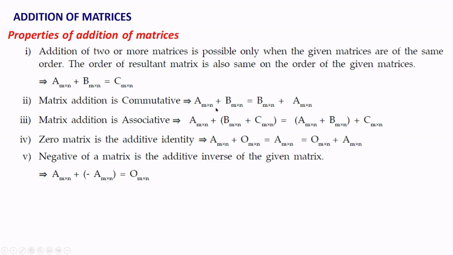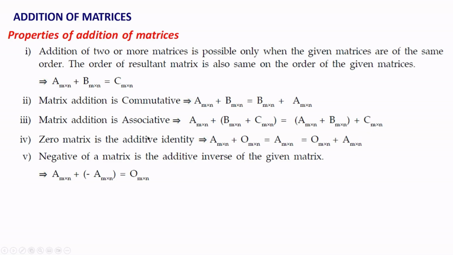That is, A plus B is equal to B plus A. And next, matrix addition is associative. That is, if we add B plus C first and then add A to it, this will be equal to the sum of A and B and then adding C.